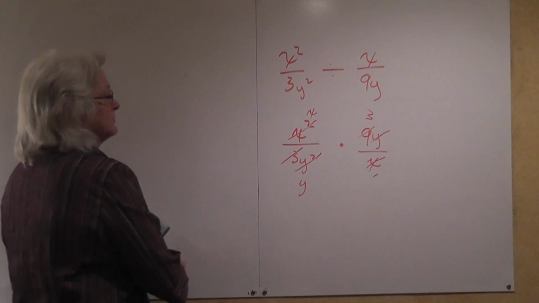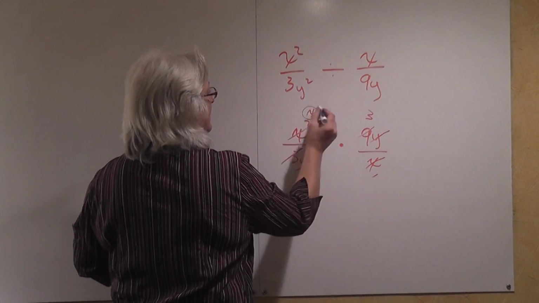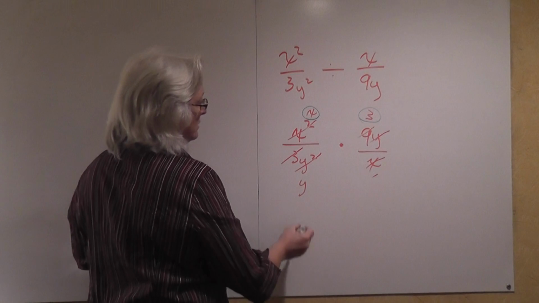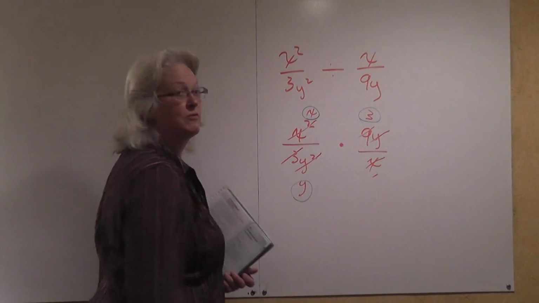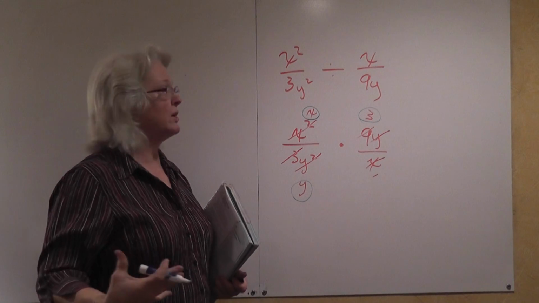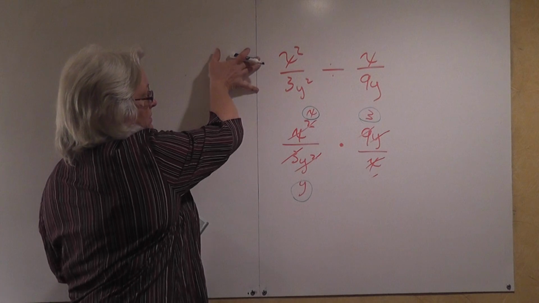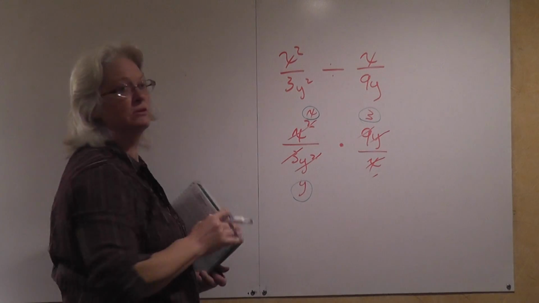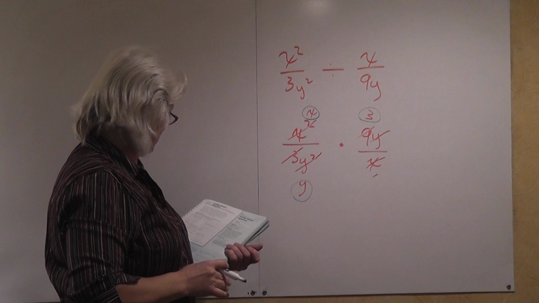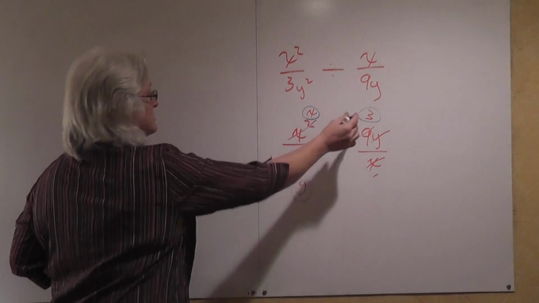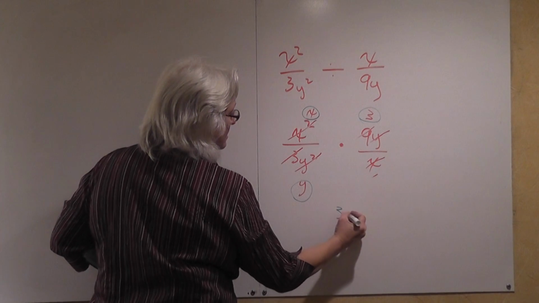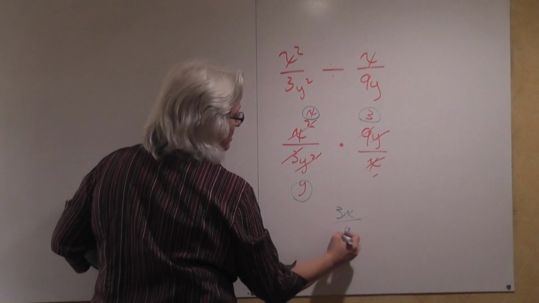What do we have left? We have a factor of x, a factor of 3, and a factor of y. So what is the solution to this division problem? Well, quite simply, it is 3 times x, 3x over y.